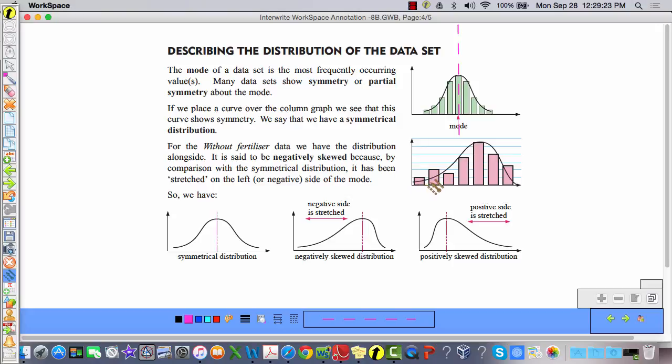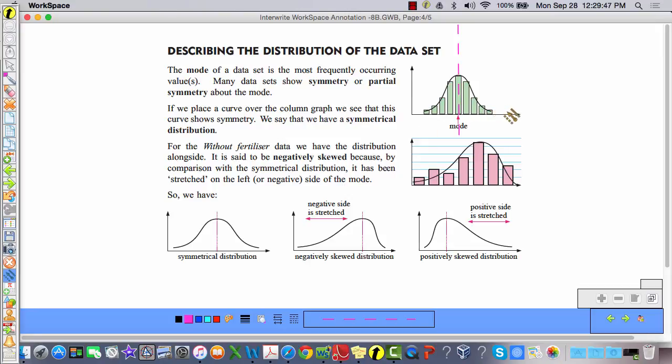I always think of it as if I took this normal distribution that's symmetric and I grabbed a hold of, say, a string, and I pulled it to the left, it would be stretched this way. And this just kind of stayed there, and the bars kind of shrank underneath. I pulled it to the left in the negative direction. That's negatively skewed.